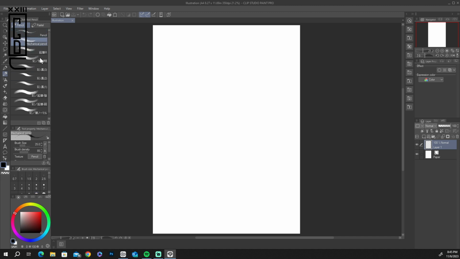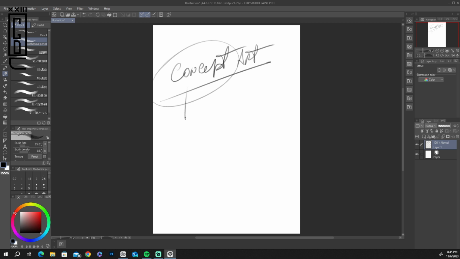Concept art. This part is the most important. Concept. What is the concept? Concept is interpretation. The way you see it.